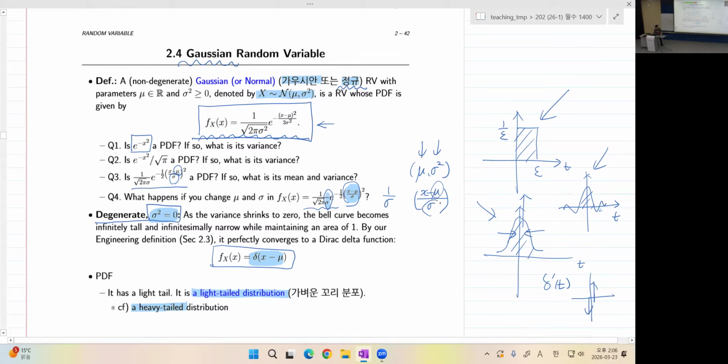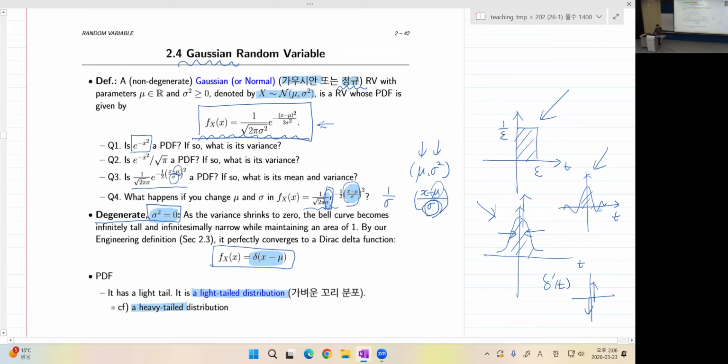However, if you change sigma, that also appears in front of the density function. So if you increase sigma, what happens? It kind of extends. And we know that the density must integrate to 1, so height must be scaled down. That appears here. So please remember this one.